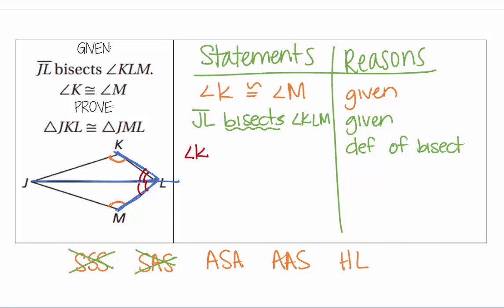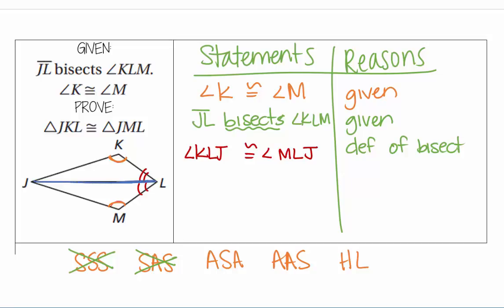So angle KLJ is exactly the same size as angle MLJ. And now that's all the information they give me. It's just 2 angles. That doesn't work. We need one more piece of information. So remember, anytime you have triangles that share a side, you're going to need to use that.